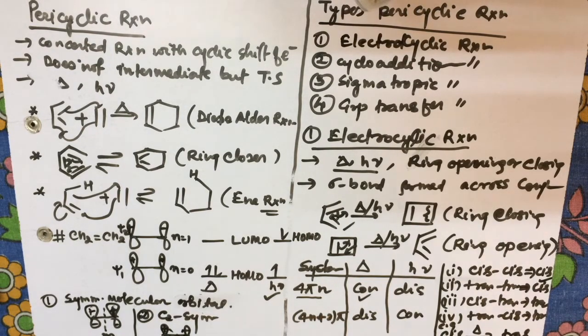So it gives information about stereochemistry. Okay, and if it is this, then there will be no change. Only changes if conrotatory condition is applied. Okay, I will give one example so that you can easily understand what I am trying to explain.